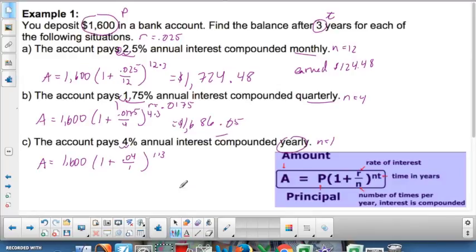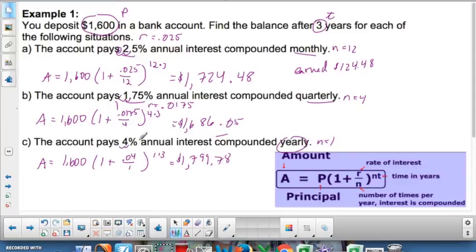And what I get is 1,799.78, rounding the decimal to 78 cents. So when you have a 4% interest rate, you make nearly $200 in that 3 years. So definitely a high interest rate is what you want if you're trying to earn money.